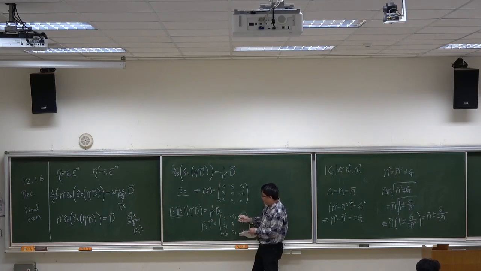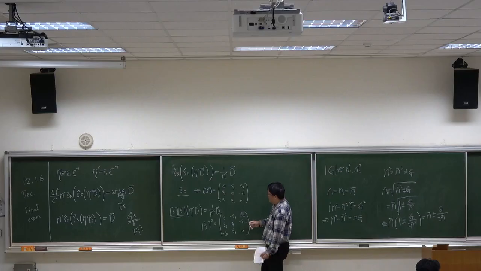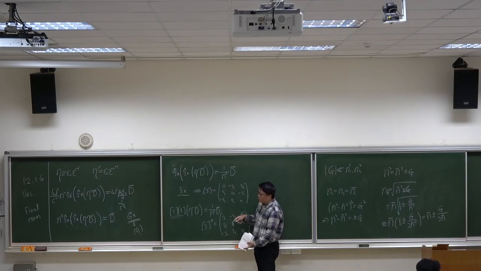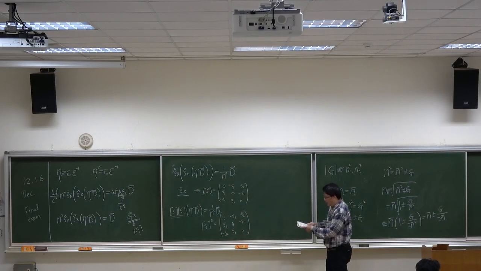So only S3 equal to 1 and S1, S2 are equal to 0. Then this will become only the 2 by 2 part is useful. Okay.